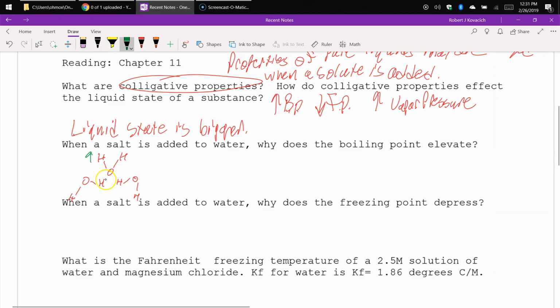So what you'll see is this oxygen being attracted to that hydrogen and to that hydrogen. If the water molecule is moving fast enough, it will break free of those intermolecular forces and turn into the gaseous state. And that happens at 212 degrees.